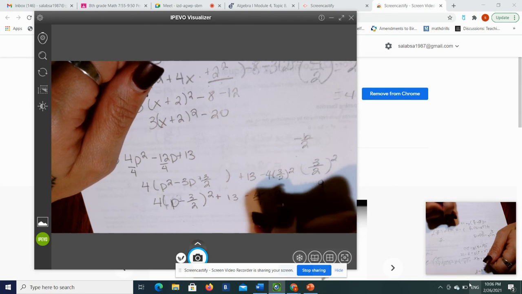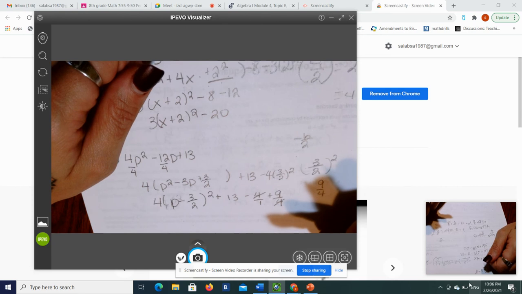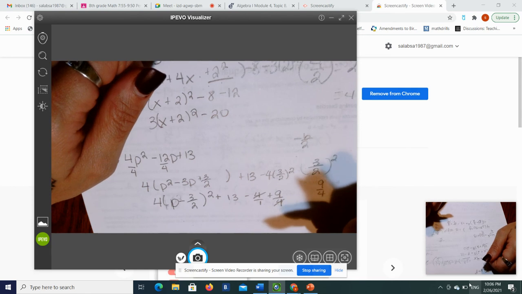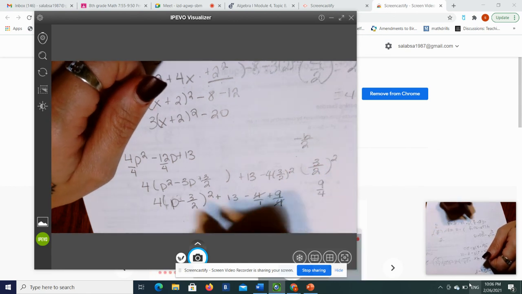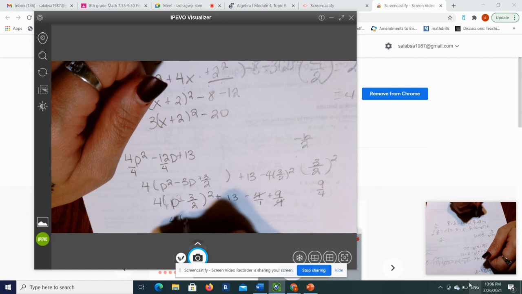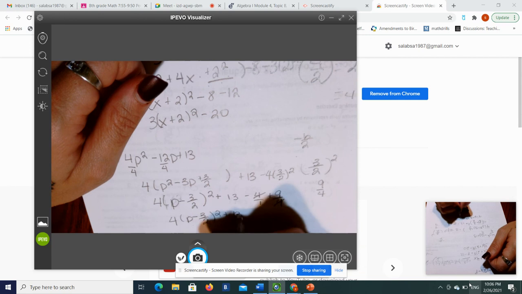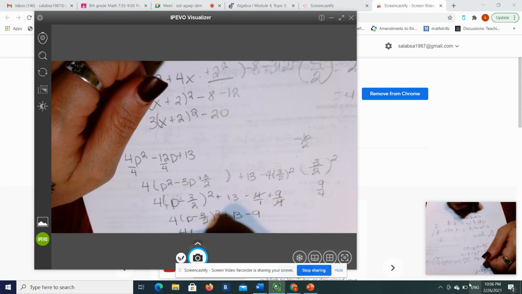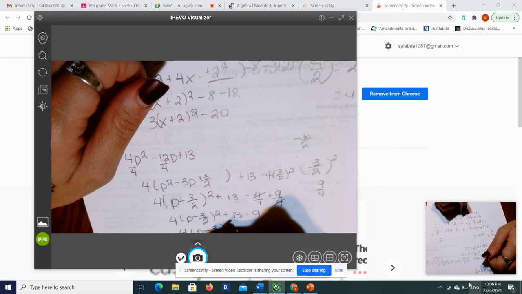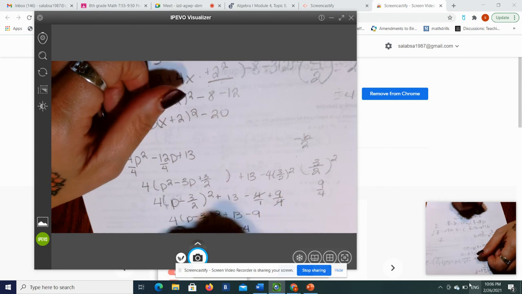Our 4's cross each other out. So now you have 4 parentheses p minus 3 over 2 squared plus 13 minus 9. So our final solution is 4 parentheses p minus 3 over 2 to the second power plus 4. This is your final solution.